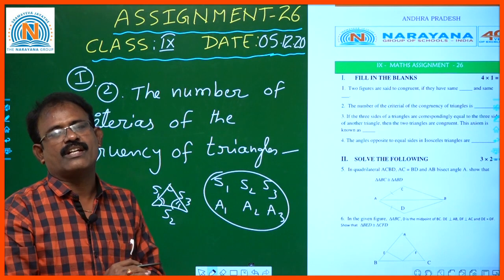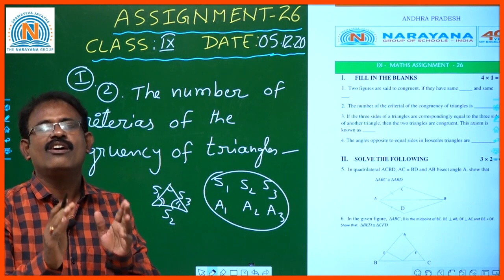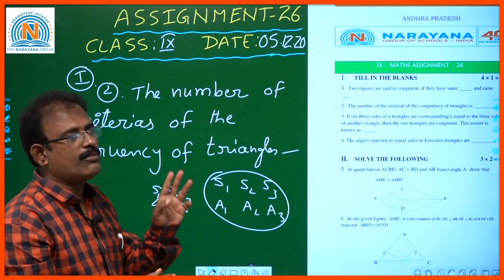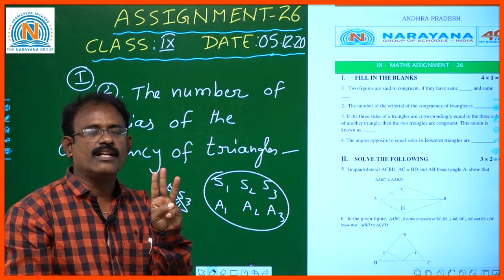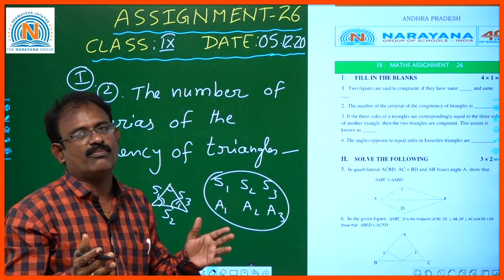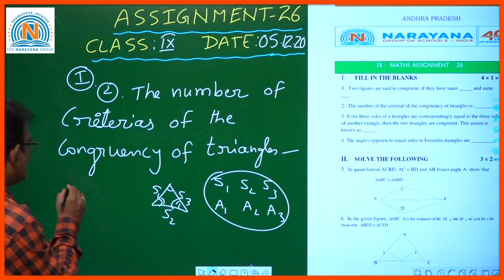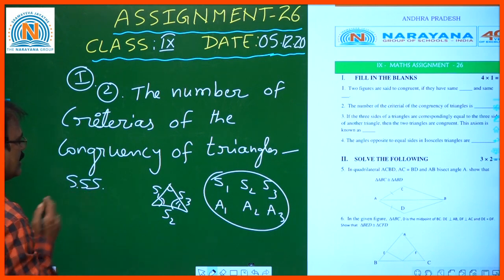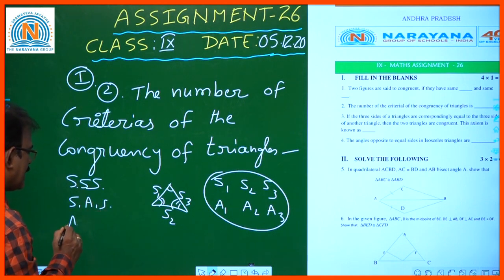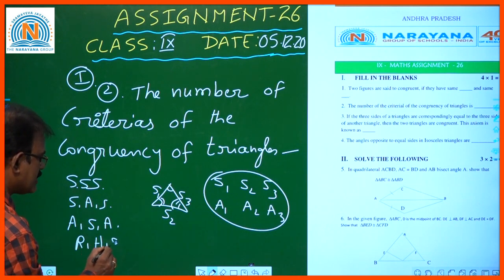So for one triangle we have majorly 6 components. Out of these 6, to conclude that two triangles have same shape and same size, that means congruence, we need not verify all the measurements. If you are able to verify any 3 measurements, we are able to declare the two figures congruent. What are the 3? SSS axiom, SAS axiom, angle side angle axiom, and RHS axiom.